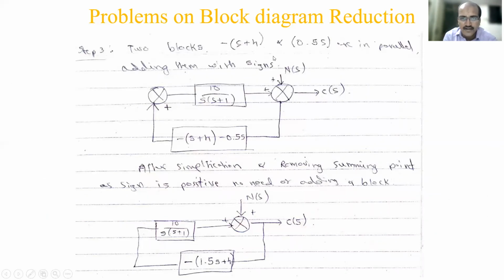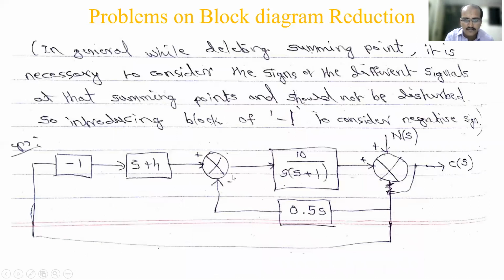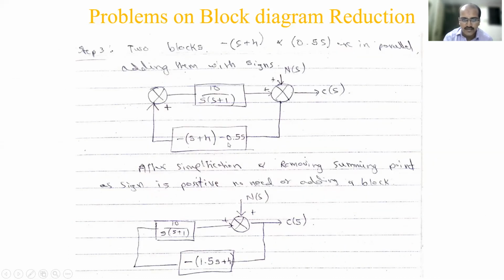So minus multiplied S plus 4 and 0.5 S are in parallel, so adding with the signs. The sign was minus here, that's why you have to consider minus. That's why it is minus S plus 4 minus 0.5 S. You can calculate this: minus S minus 4 minus 0.5 S. That means minus 1.5 S minus 4; if you take the minus outside, it becomes minus of 1.5 S plus 4. That's what is written here.